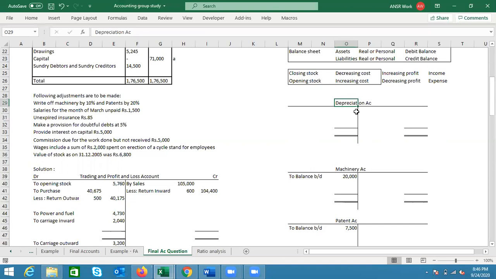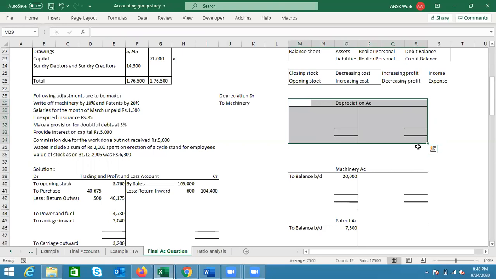Now, tell me, in the depreciation account, will it be posted in the debit side or credit side? Let me write down the entry so that it will be clear. Depreciation is getting debited to machinery.